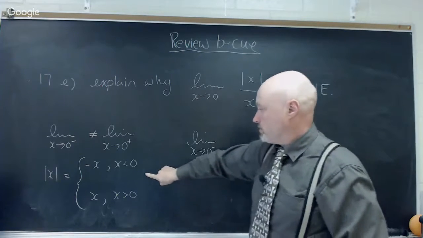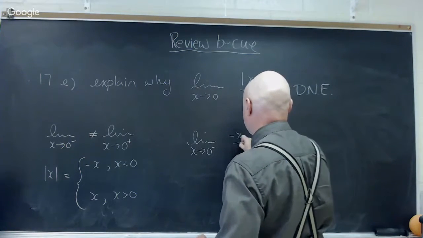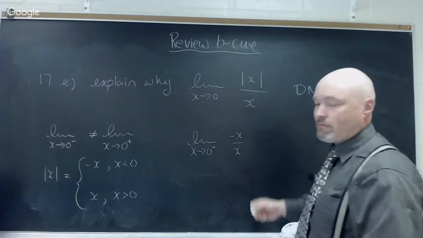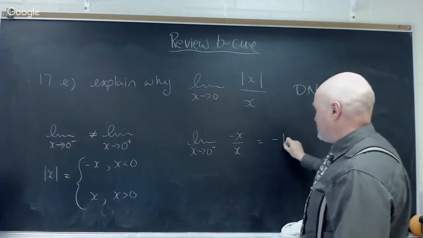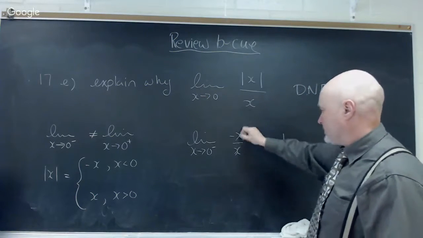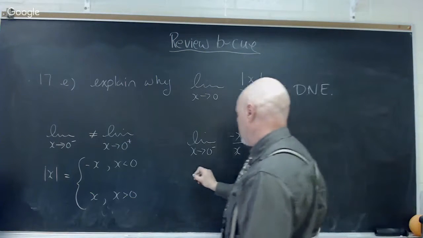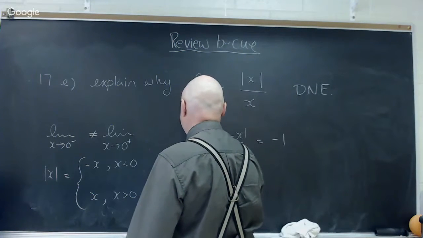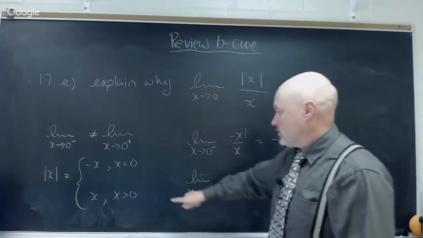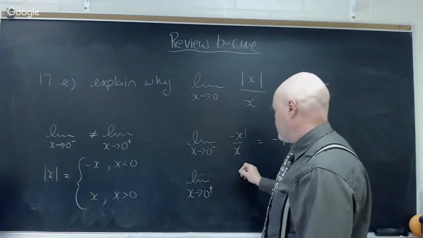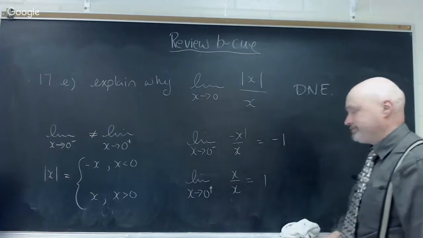So using our piecewise definition here, this becomes -x over x. And I'm happy with that because I can just cancel these out, dump in my limit, and it's equal to -1. Okay, because I'm not even left with an x there. What about when we approach it from above? Well, the absolute value of x is just equal to x, divided by x, which is equal to 1.